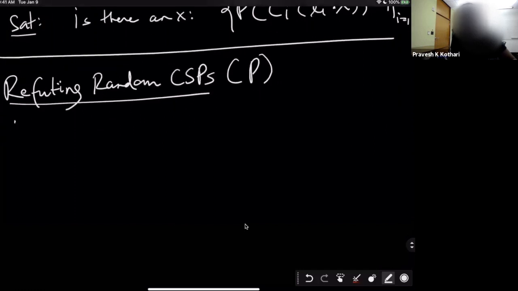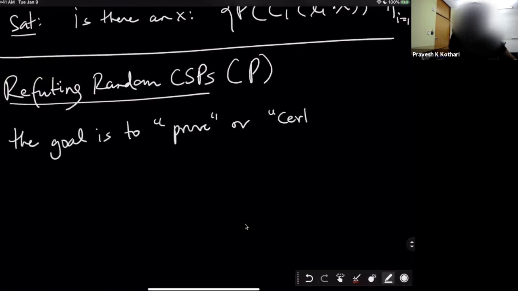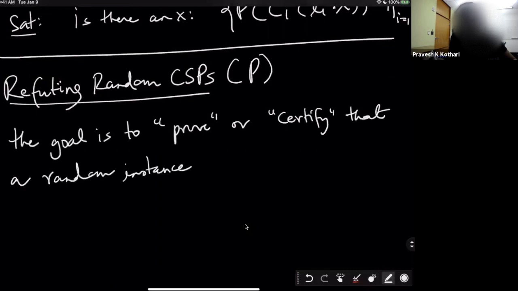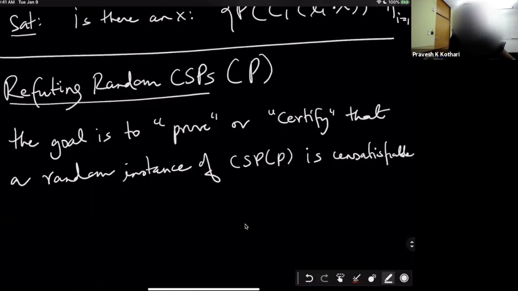Okay, so the input, so in here, in some sense, the goal, let's say informally, the goal is to prove or certify, to prove unsatisfiability of a system of constraints that come from a random CSP. Okay, that's the goal.